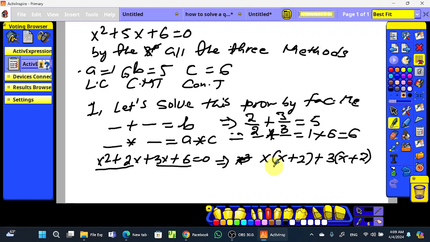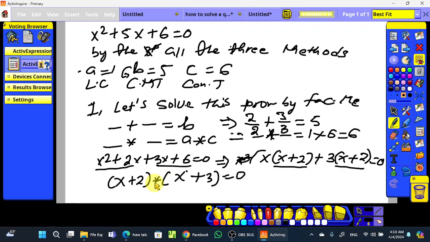So you see right here, x plus 2 is common for both. Take x plus 2 out, and what remains is x and 3, so you get x plus 2 times x plus 3 is equal to 0. A multiplication of 2 numbers becomes 0 if either of the numbers being multiplied becomes 0.